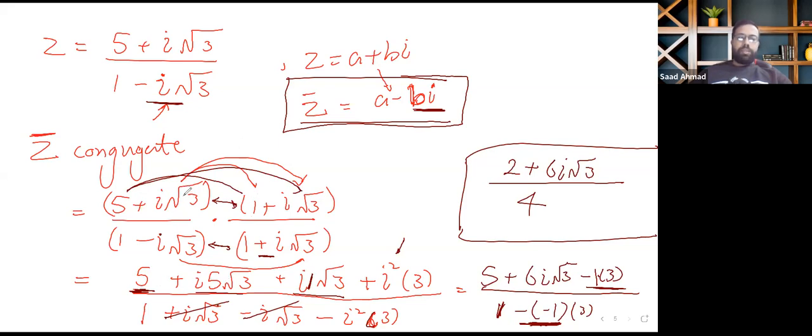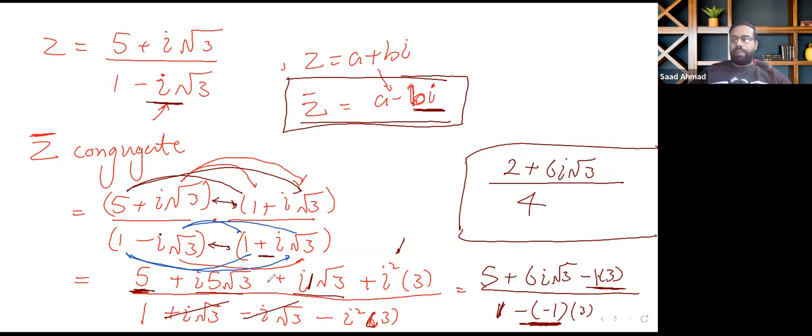Then I square root 3 times 1 and I square root 3 times I square root 3. Then in the bottom part, I did 1 times 1, which is 1, and 1 times minus I square root 3 or plus I square root 3 right there. And then minus this times this and this times this.